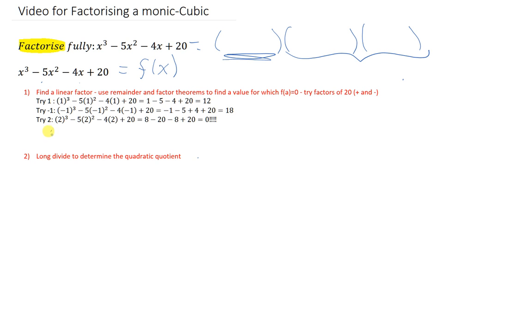So this means that x minus 2 is a linear factor. Remember, it's of the form x minus a, so it is x minus 2.